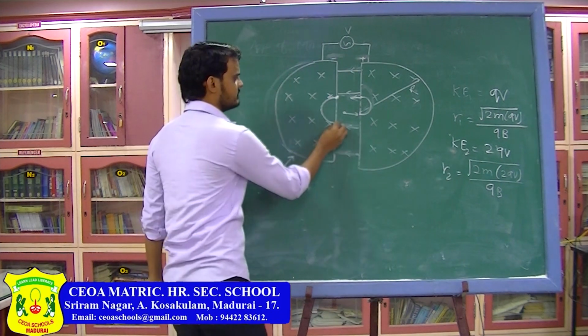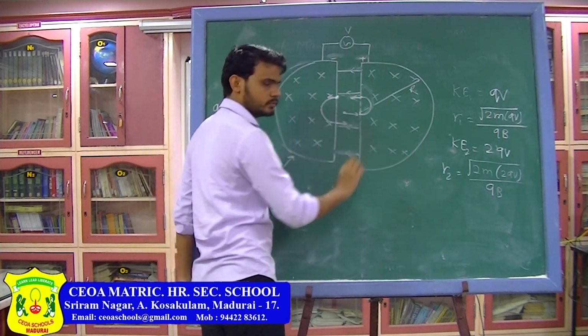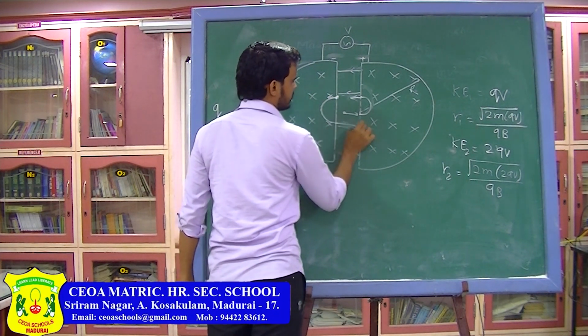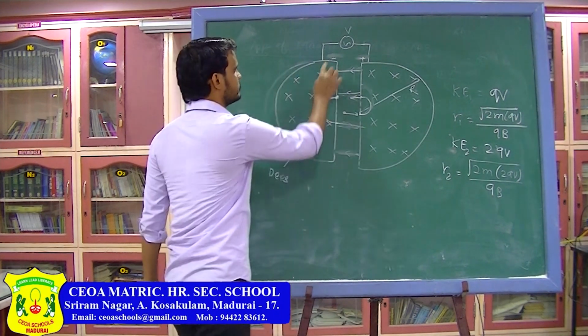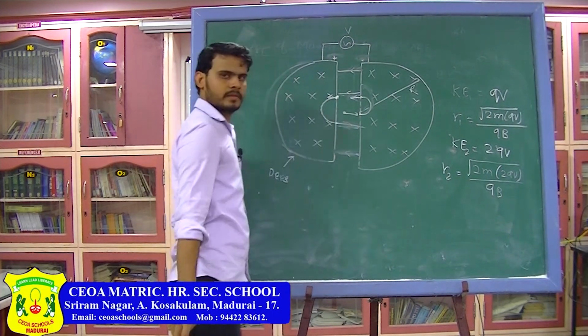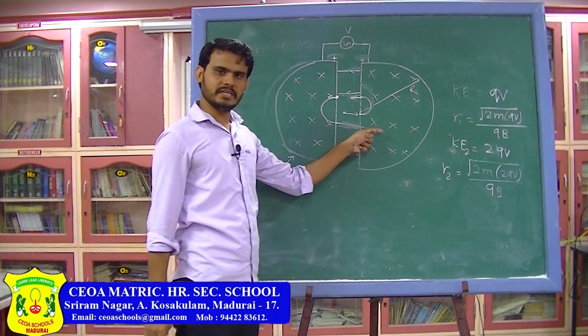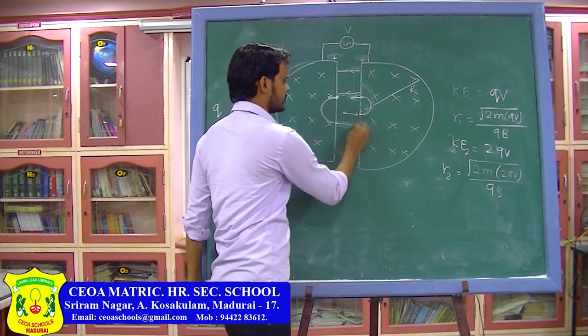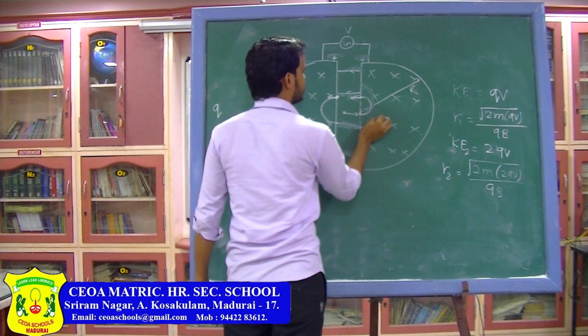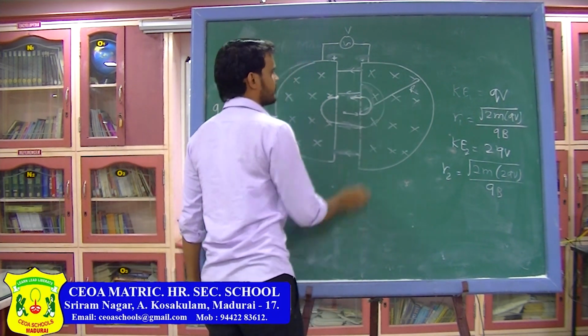Again when the particle comes here, it has kinetic energy 2qV and it will be moving like this. At the same time, the AC source will also change its polarity. So, this will become positive and this will become negative. Again the charged particle will be accelerated in this direction, and when it reaches here its kinetic energy will become 3qV. Then it will undergo another radius, which will be R3.